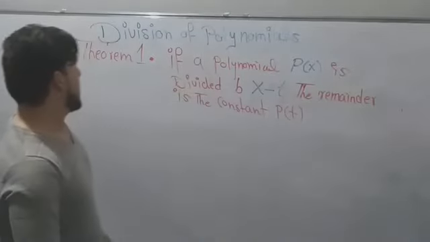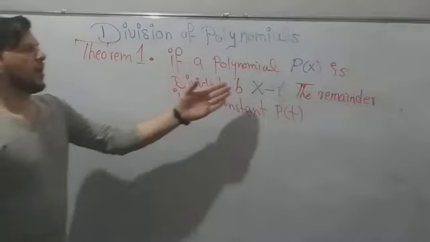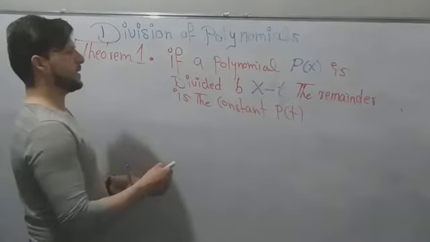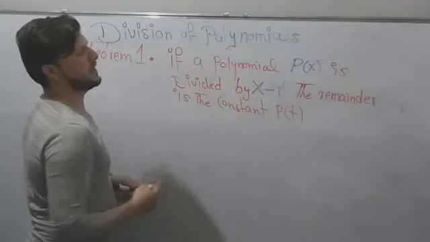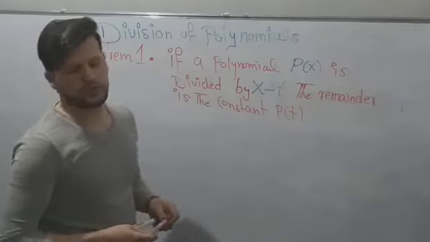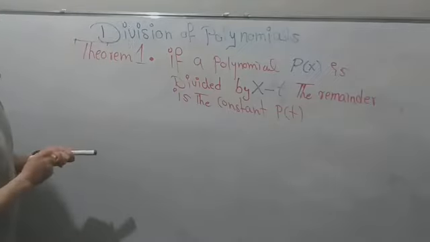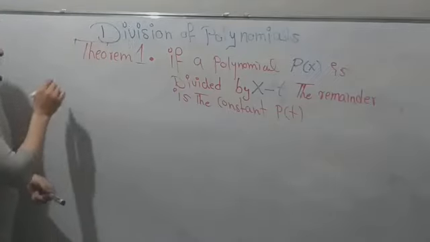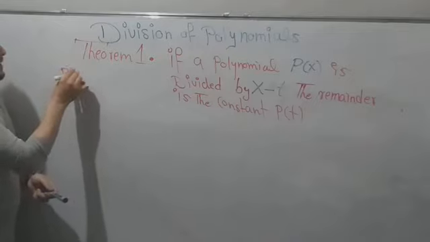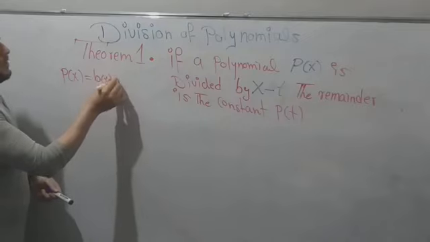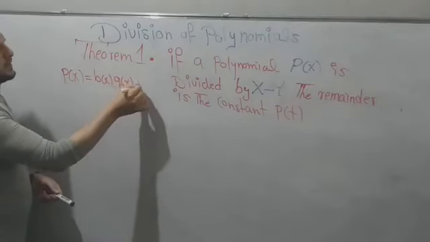Welcome back. Yes, the theorem is: if a polynomial p(x) is divided by x minus t, the remainder is the constant p(t). You know, for division, you have p(x) is equal to b(x) multiplied by q(x) plus r.